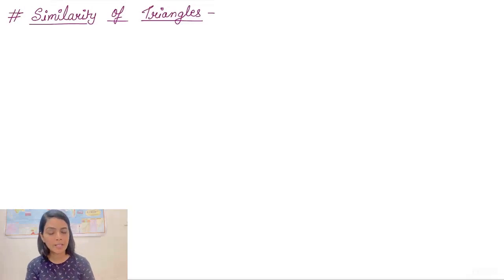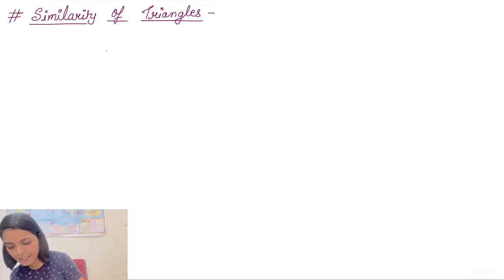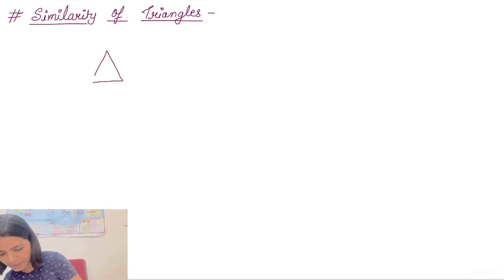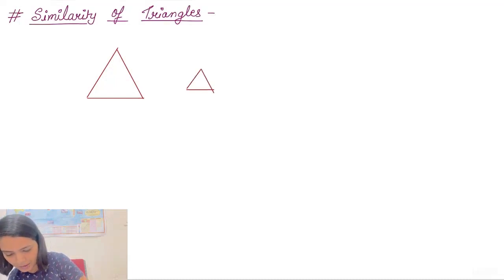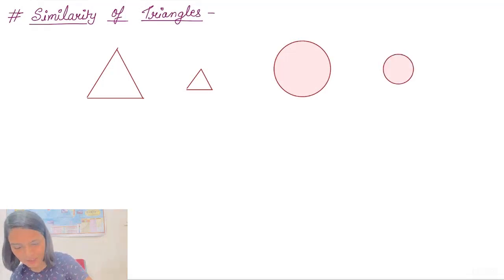And similarity of triangles means, let us draw some figures. This is our triangle, this is another triangle. This is a circle, and this is another circle.